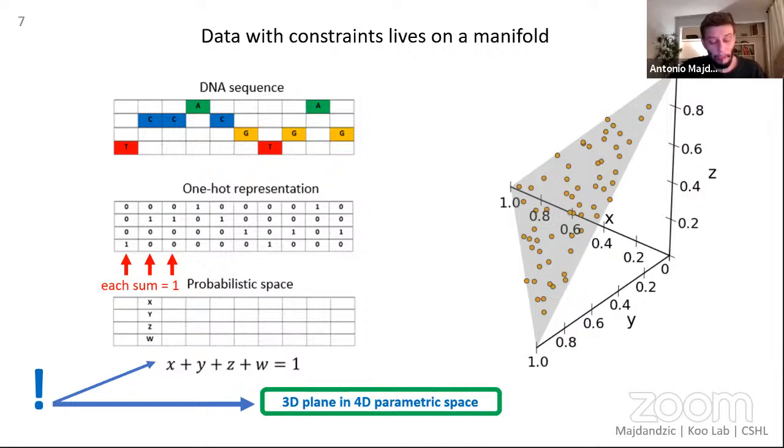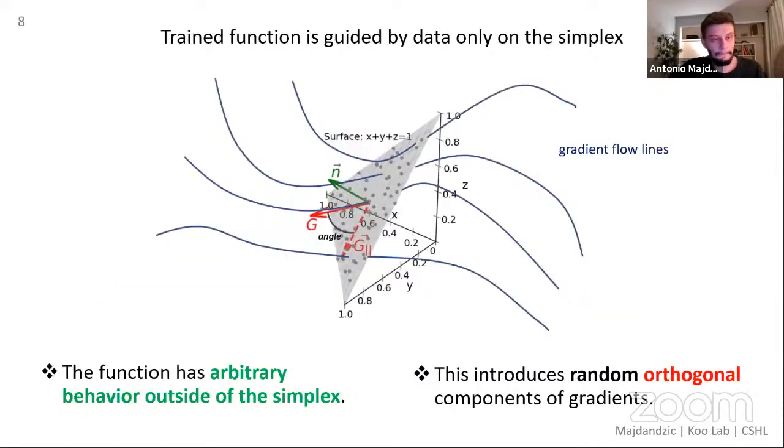So the sum of each column must equal 1. Because of this constraint, the data lies on a lower dimensional simplex given by this equation below, which represents a flat plane. On the right, you can see a toy example that shows geometry for 3D input. All points in this plane represent different combinations of nucleotide probabilities that sum to 1.